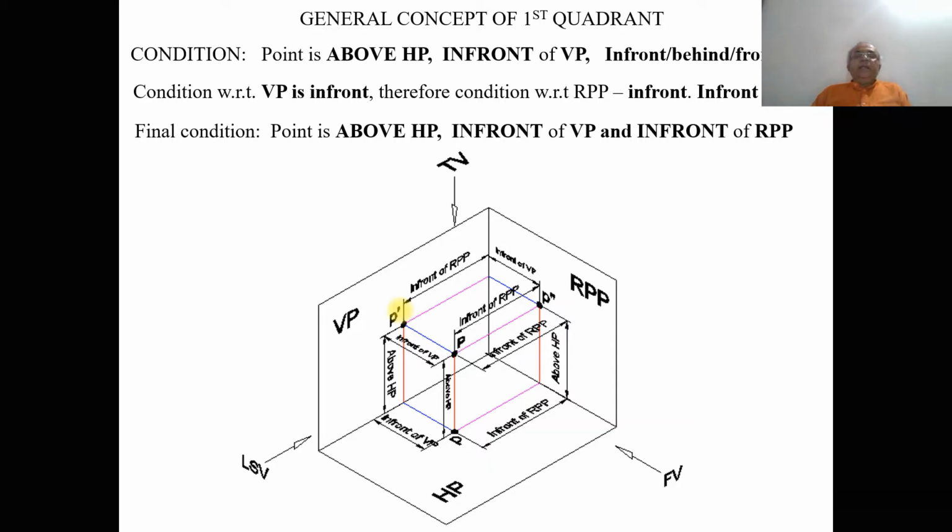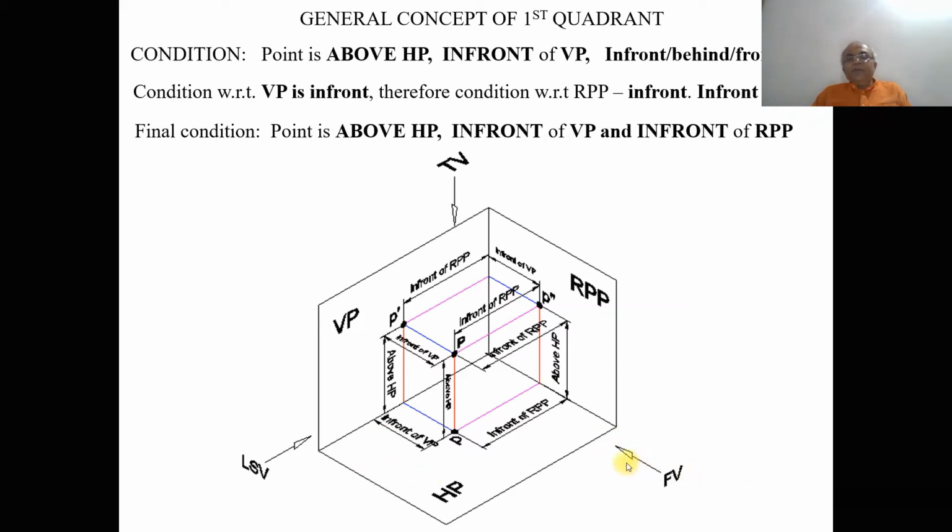Now, similarly, when you look from the top view, I can see the image on the horizontal plane because the top view is perpendicular to the horizontal plane. If you want to see the image on the horizontal plane from the left side view, it is not possible, because the left side view is aligned with the horizontal plane.